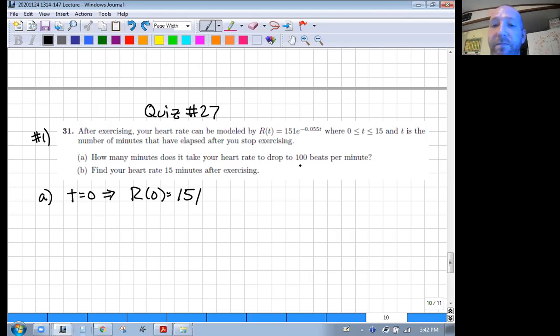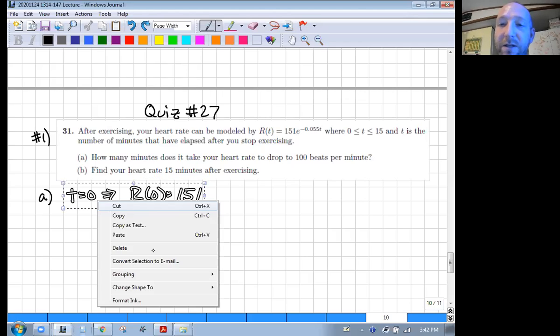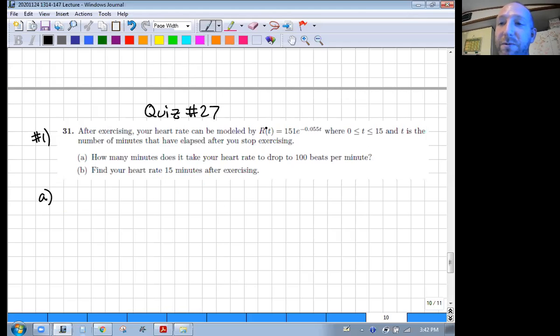We need to know when R is 100. So we take our equation here and we replace R with 100. And we need to solve for T. Okay?